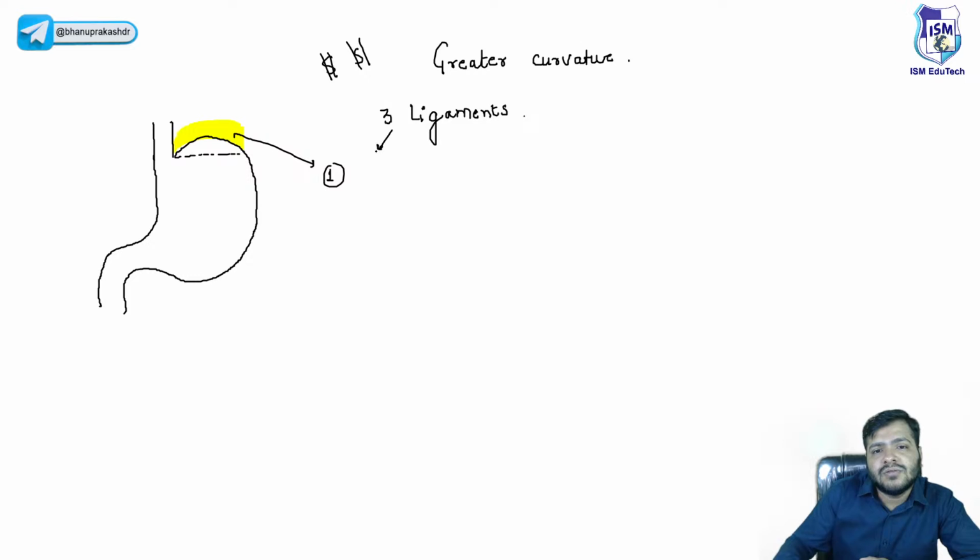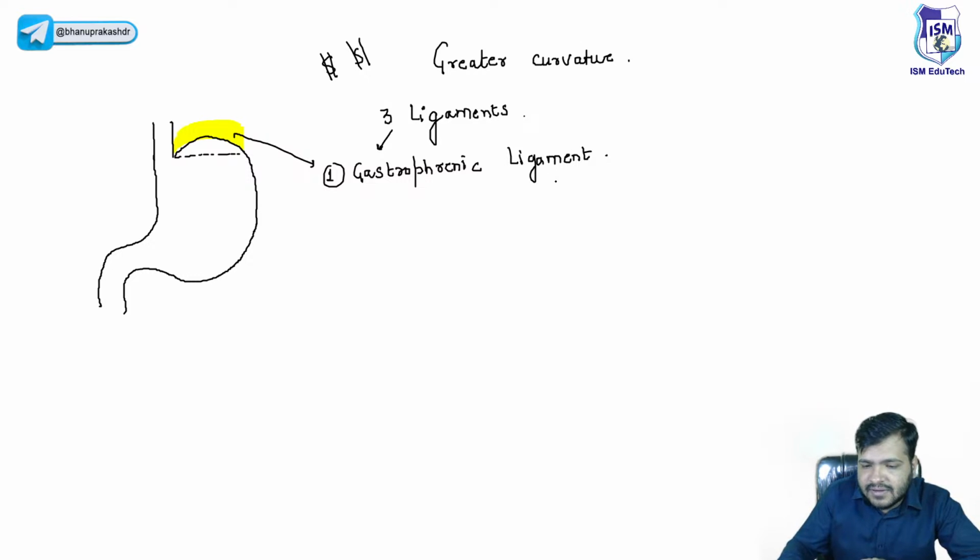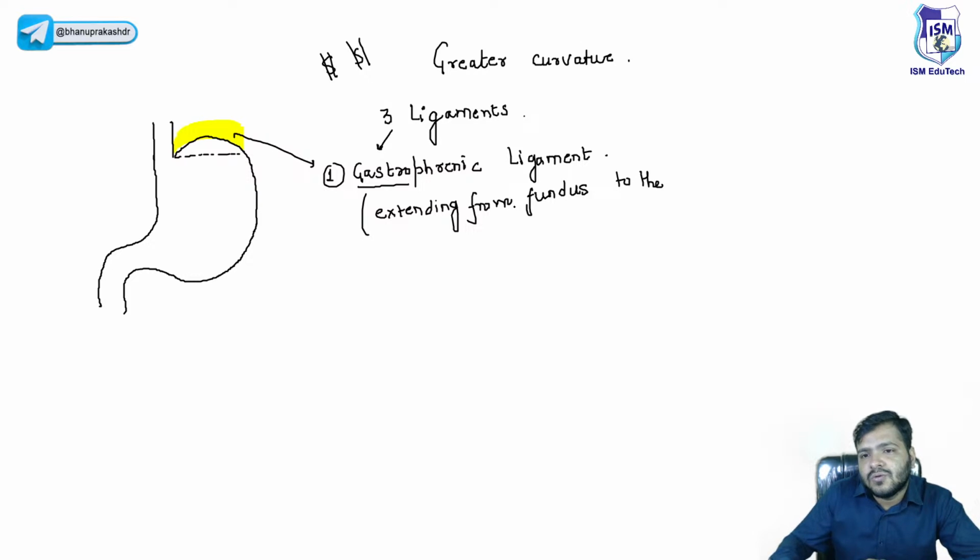Of the three ligaments, the first one to remember is the gastrophrenic ligament. Gastro means the fundus of the stomach, and it extends from the fundus to the diaphragm.